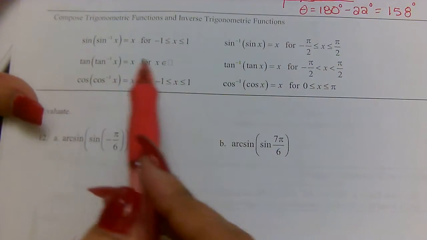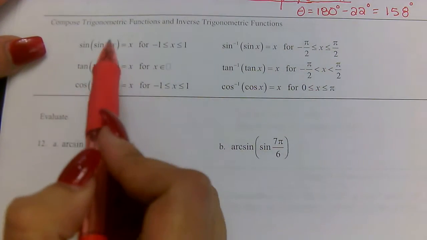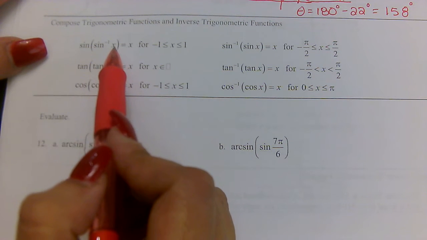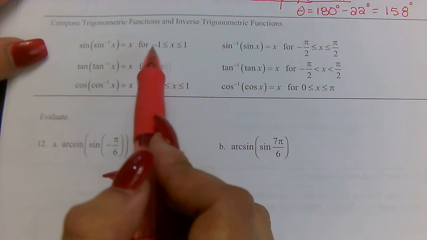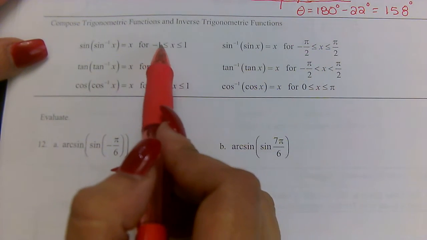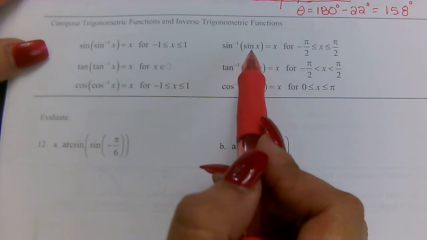Okay, this information here is very general. So anytime you have a sine and an arc sine, the value of your x will be the answer as long as it's between those specific points. Okay, same thing here. Here's your arc sine, here's your sine.